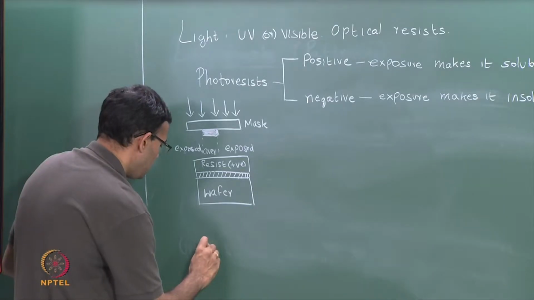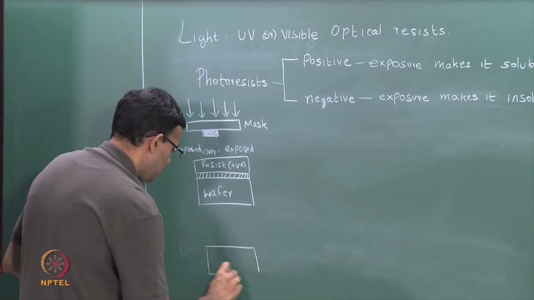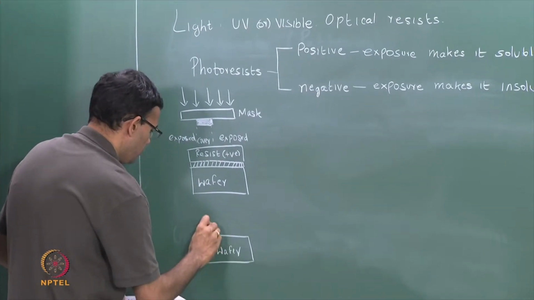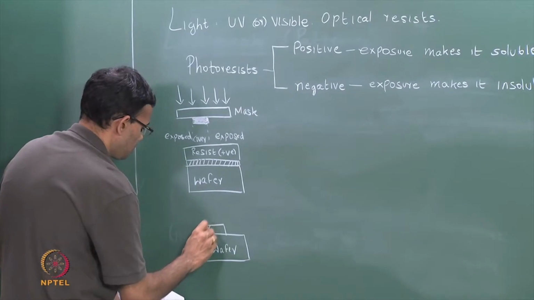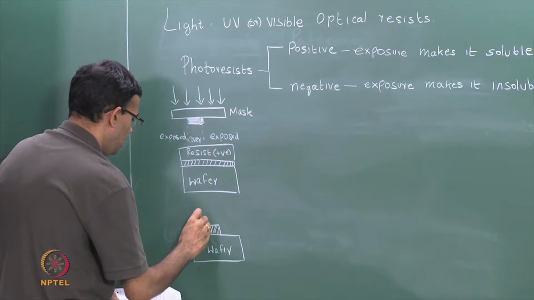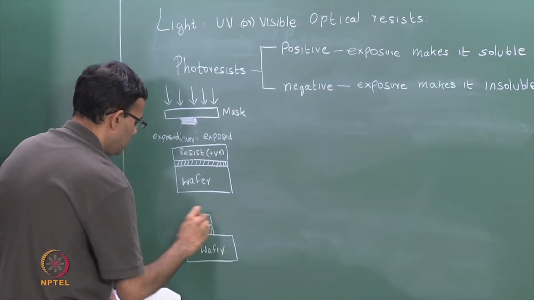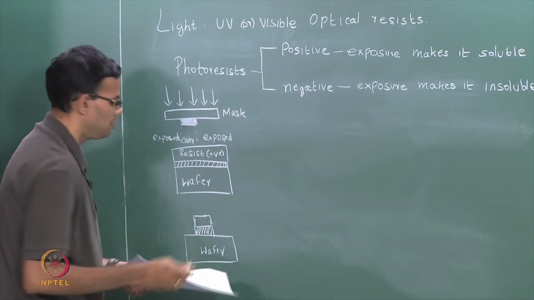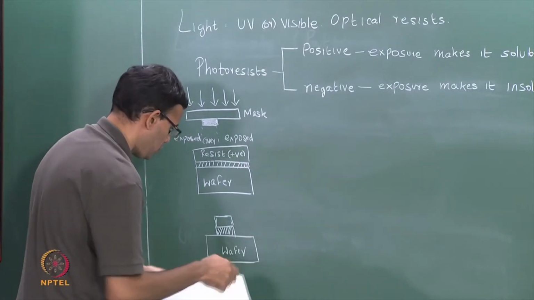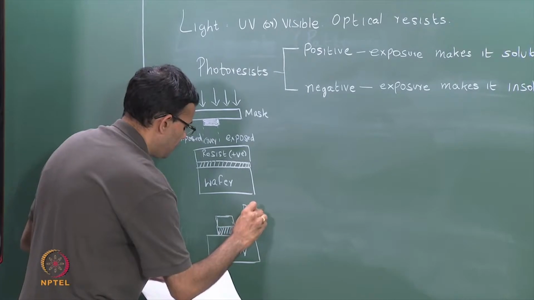So we are left with a wafer with the oxide layer, and then the layer of resist which is covered. The rest of the resist is removed. So, this process is after developing.